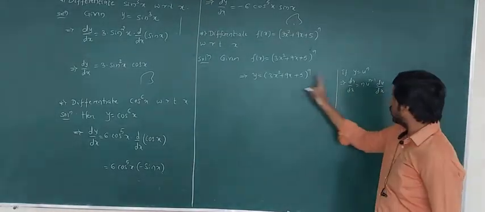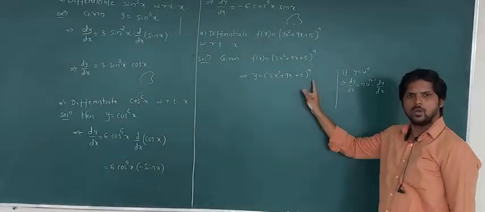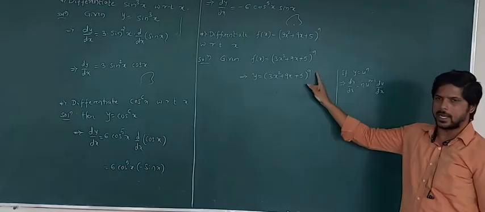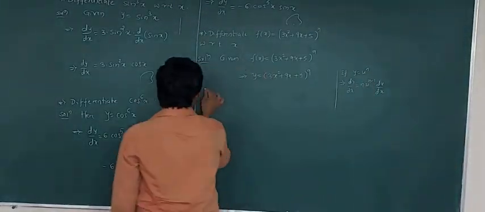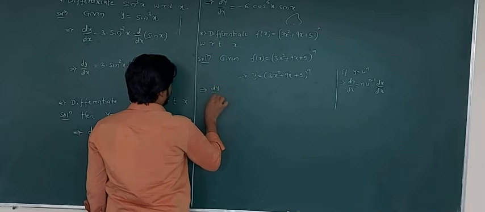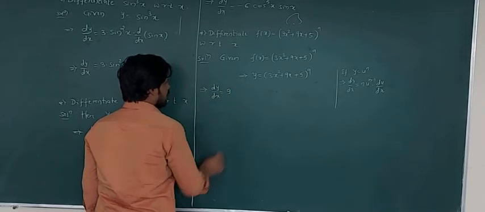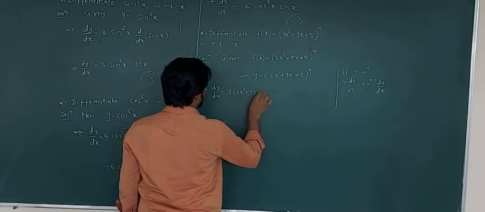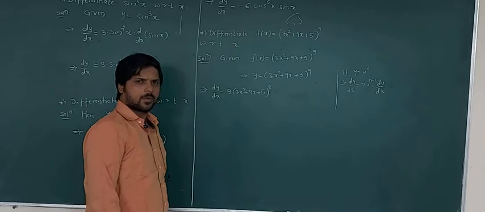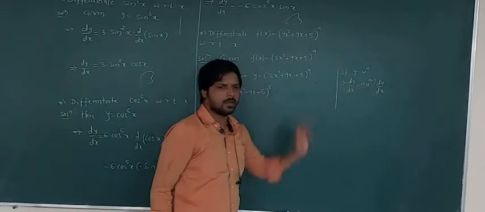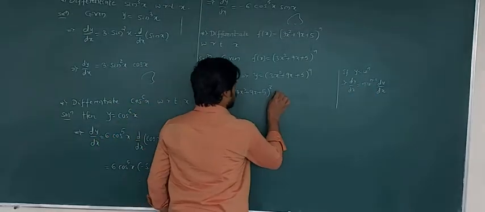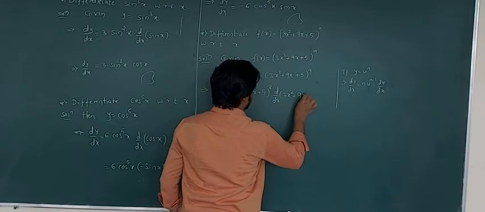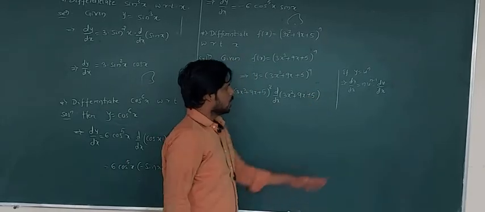Comparing these two, in place of u we have 3x square plus 9x plus 5, and in place of n we have 9. So applying this formula, we get dy by dx is equal to 9 into 3x square plus 9x plus 5 whole to the power 8, because 9 minus 1 becomes 8, into d by dx of 3x square plus 9x plus 5, because that is du by dx here.